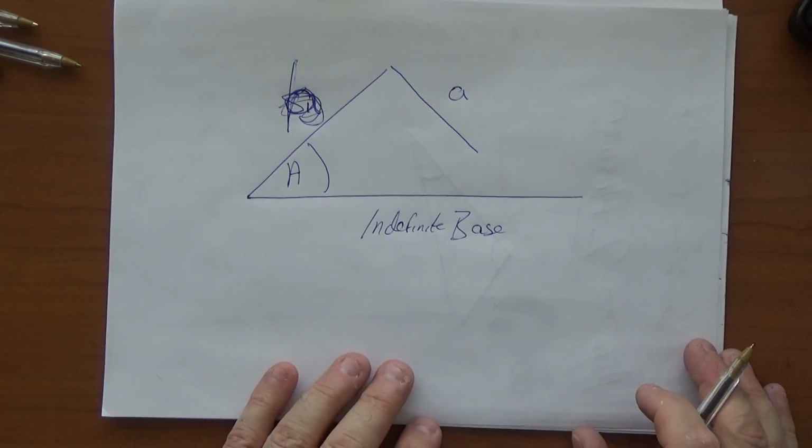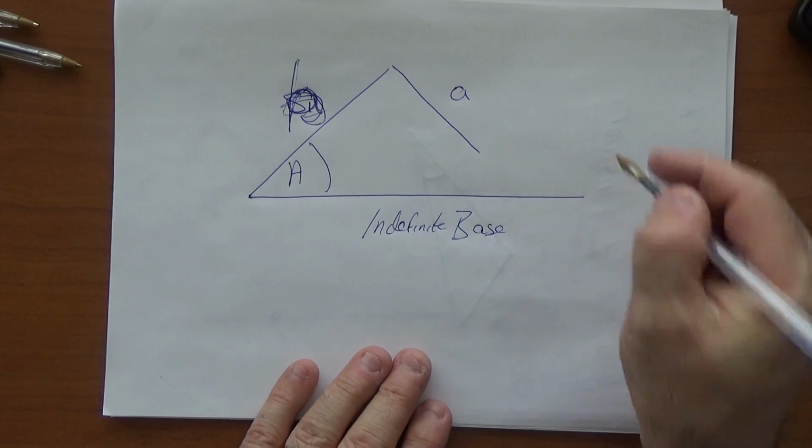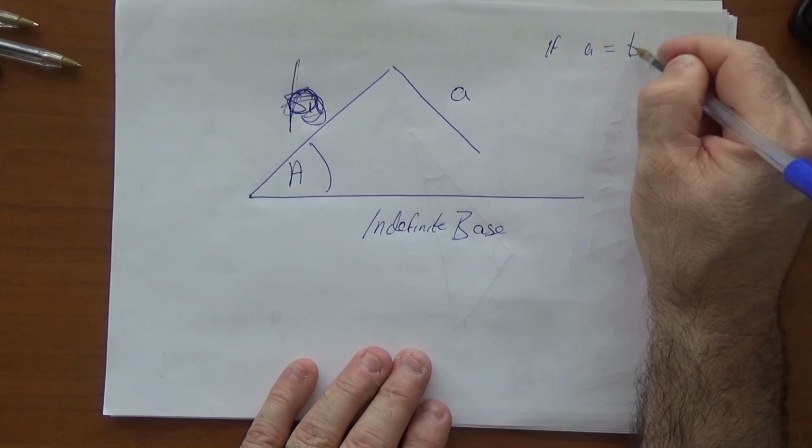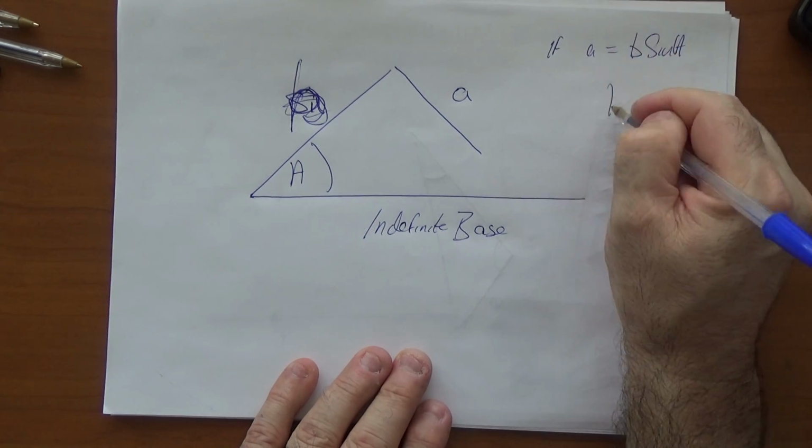So when we want to break up and analyze it very, very precisely, we say if a equals b sine A, you have a right angle triangle.